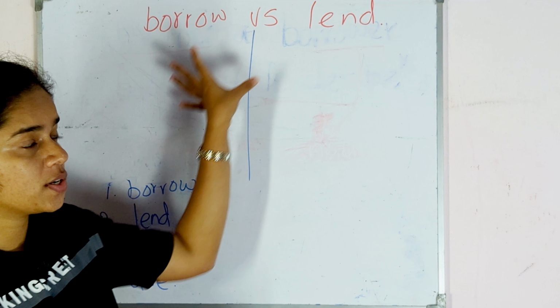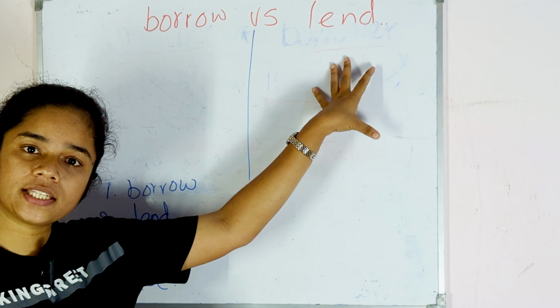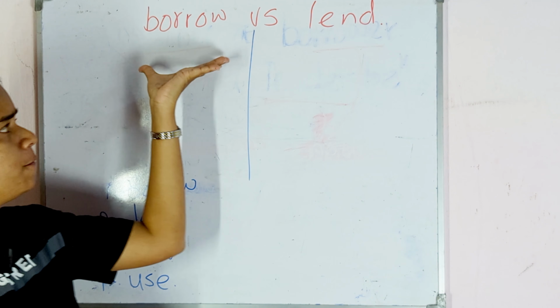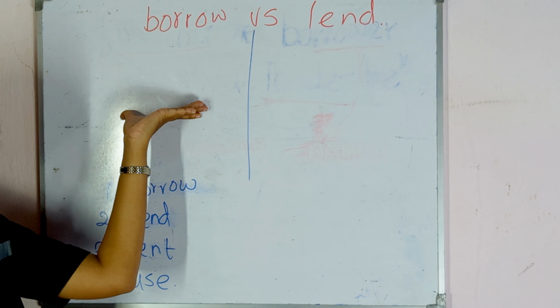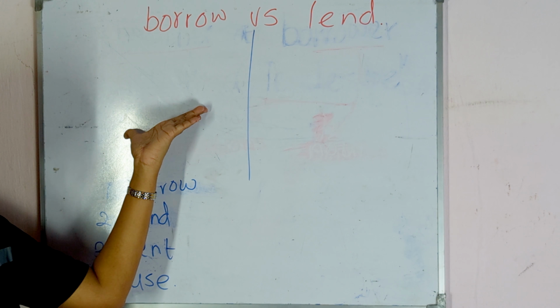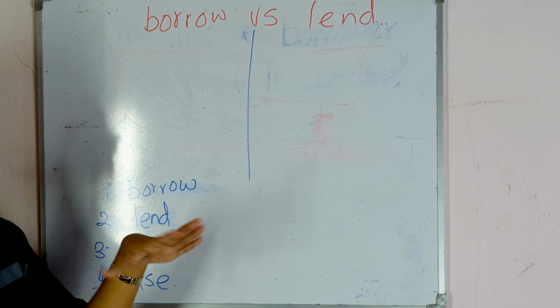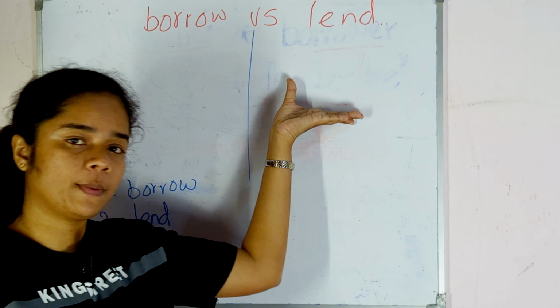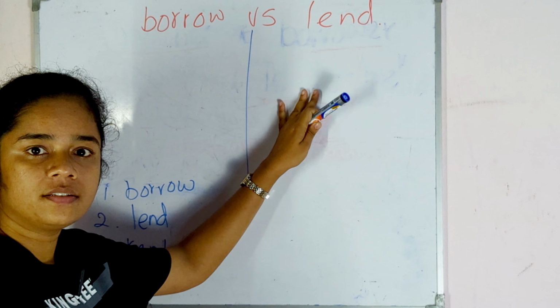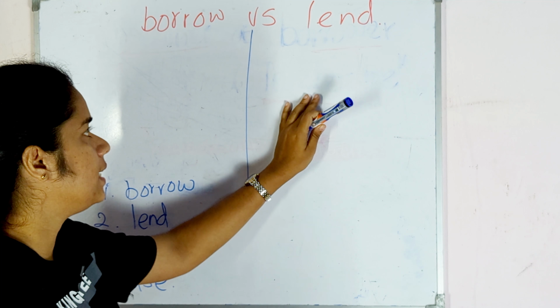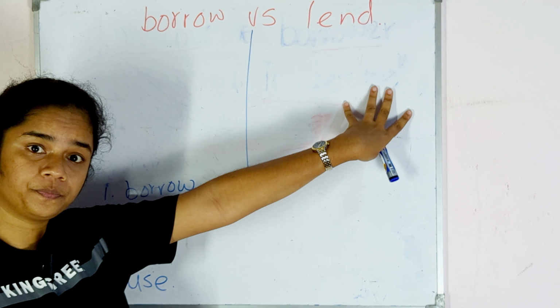So the main contrast between these two words is who is doing the action. The first one, you are doing the action, right? You don't have it, so you have to ask for it for some purpose. And the second one, what about the second word? It's lend. What is it? Do you have the car?